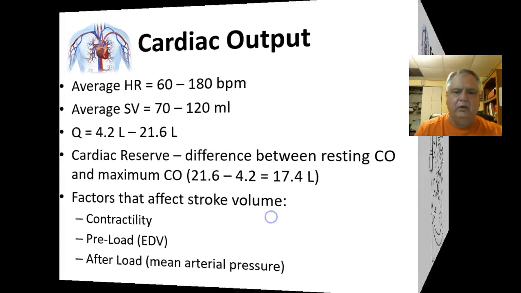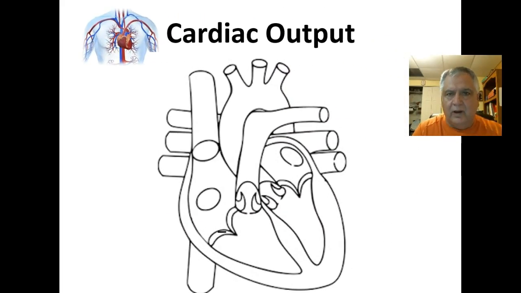As a matter of fact, I think we can go to this diagram again, okay? And it has to do with this valve right here. Let's take the aortic semilunar valve. When the ventricle contracts, it pushes the blood up into the aorta, and then the blood falls back down and pushes against this valve and causes it to snap shut.